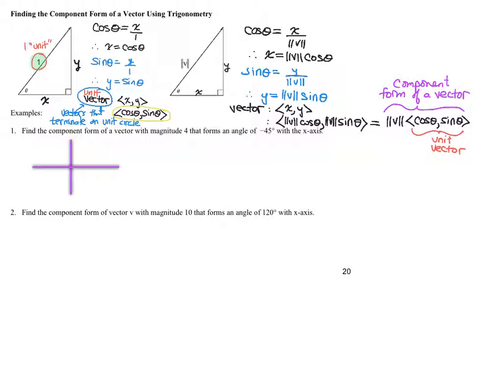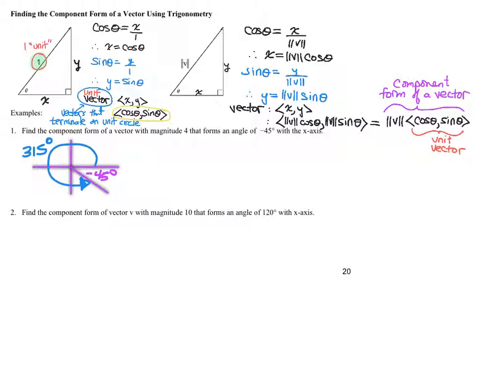But let me draw the negative 45. Now, again, this is negative 45. But I want to be thinking in terms of positive coterminal angles. So the positive way to get to the same location. That tends to make life a little bit easier if you're doing stuff by hand. If you're doing it on the calculator, it makes no difference whatsoever.